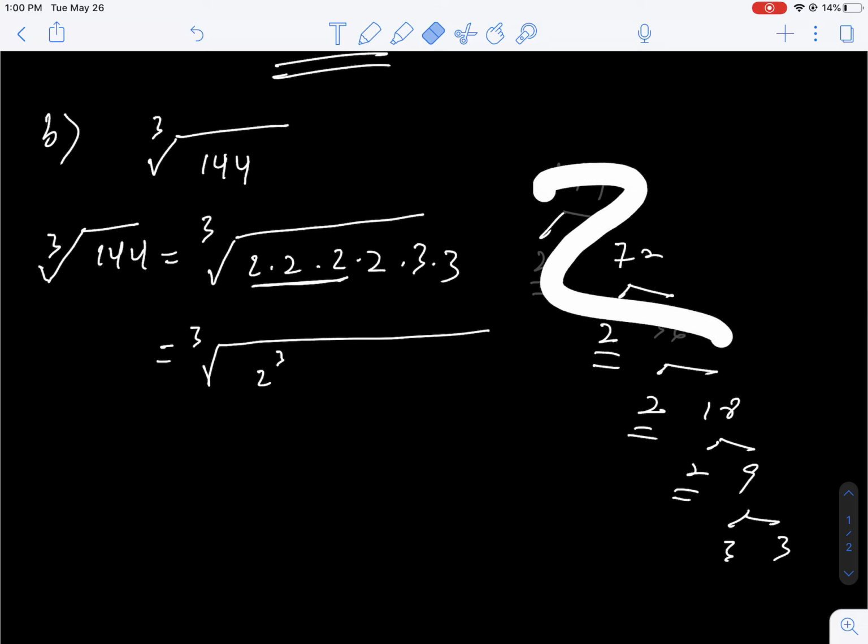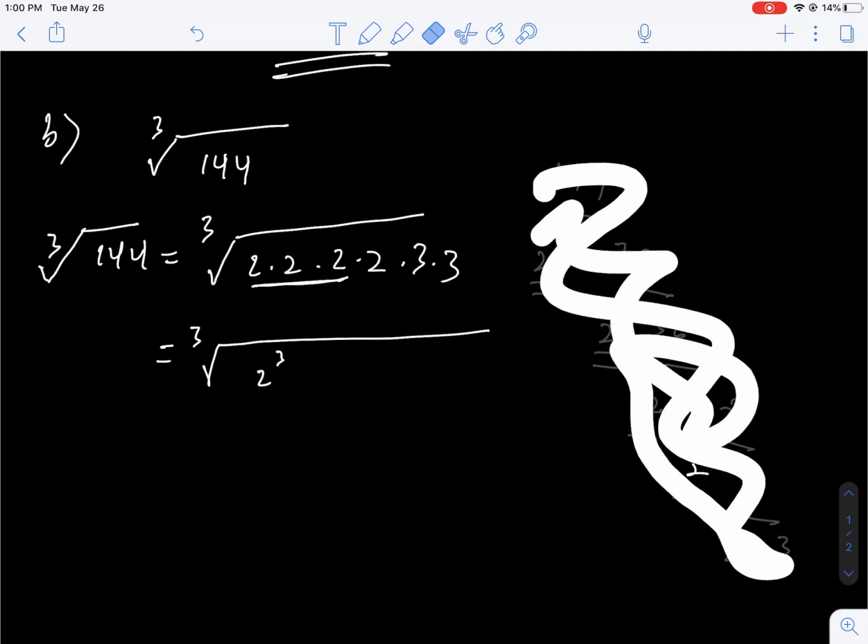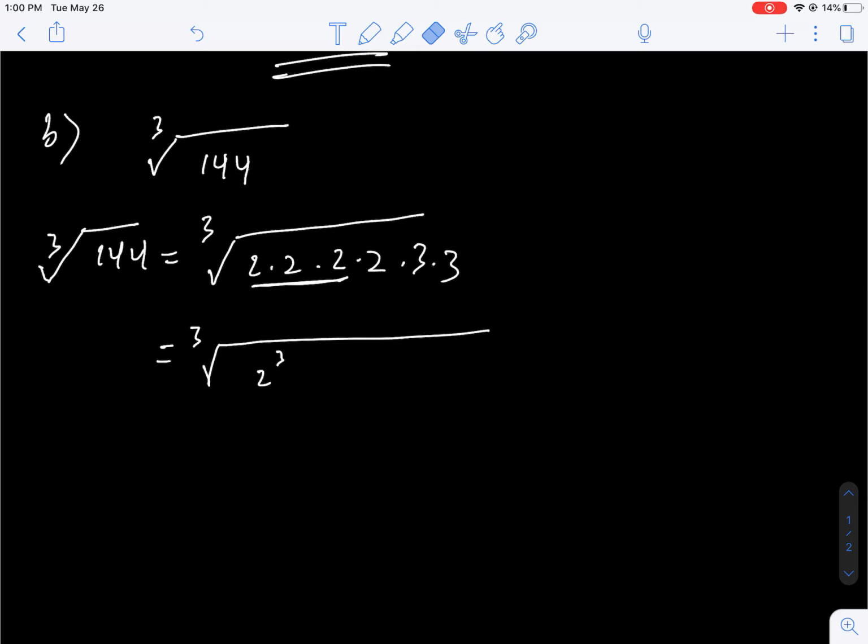Now 2 to the power 3 is equal to 2 times 2 times 2. 2 times 2 is 4, and it's equal to 8. So the cube root of 8 is 2. And so we are left with this 2, and we're left with two 3's.